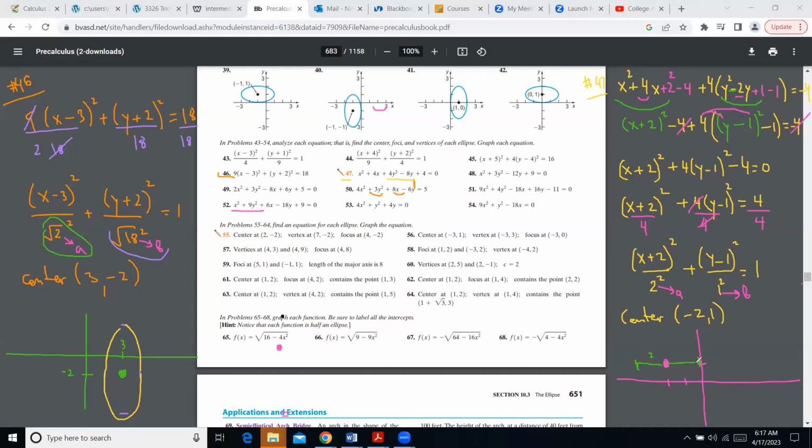So we go with the 2 to the left and to the right, and by 1 up and down. So it's also going to touch my axis. Okay, let it touch the axis. And then I'm going to connect this with a nice ellipse like that. And like that. And that's it.